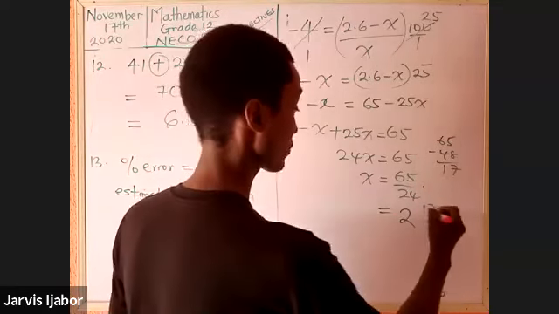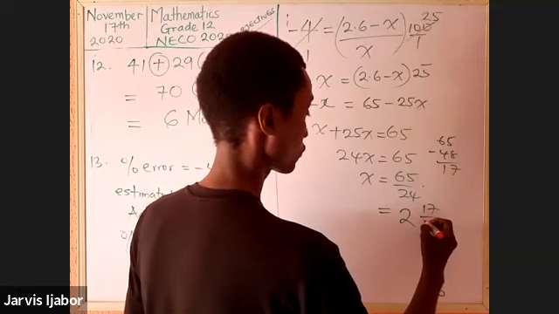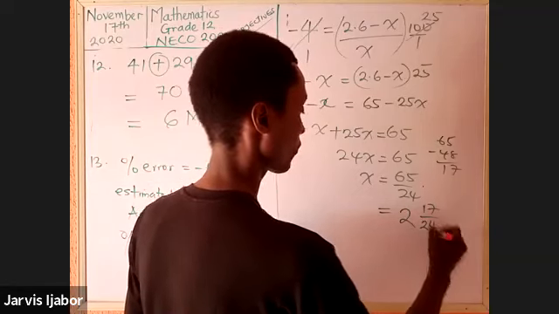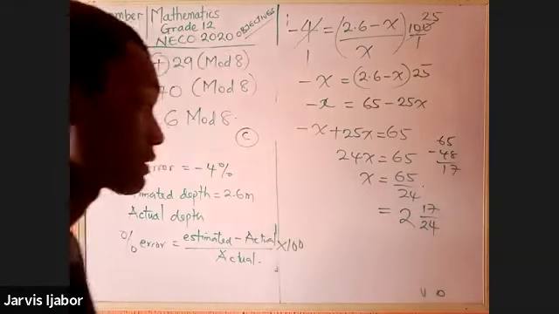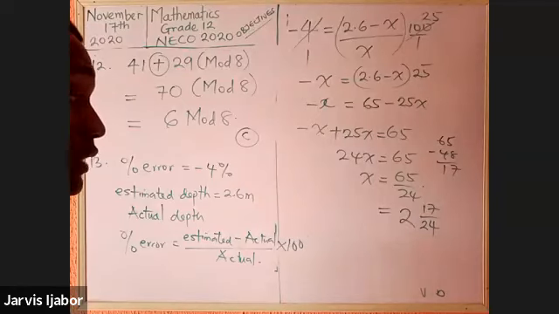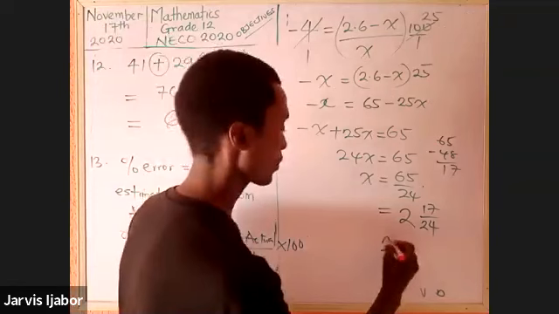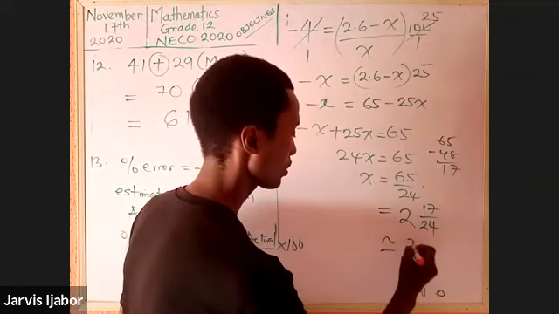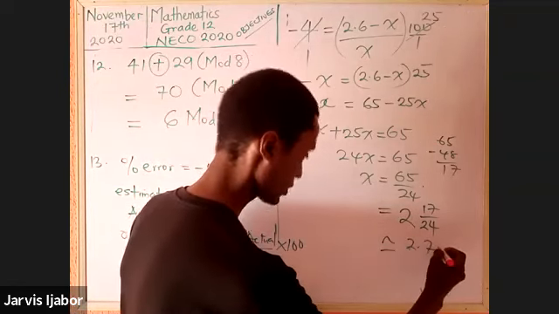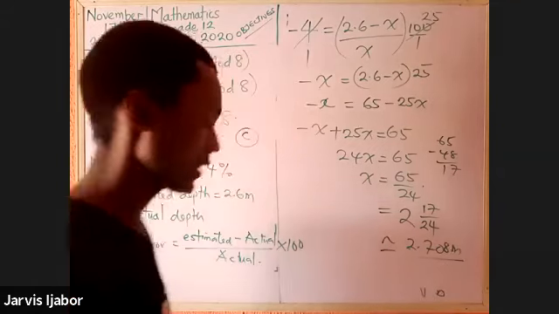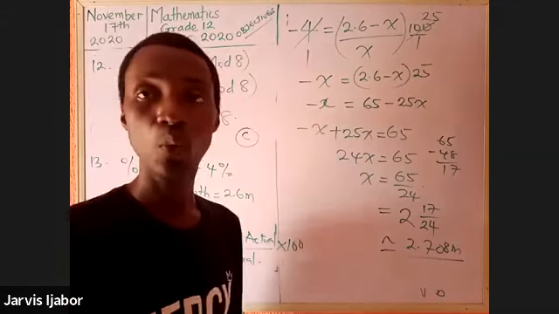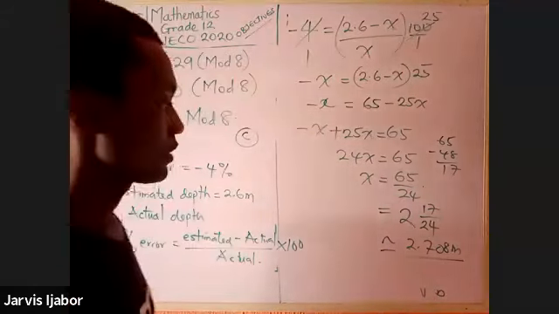How am I right with that? 17 over what? 24. I hope I'm right with that. Okay, I think that should be the answer. So this is approximately 2.708 meters.